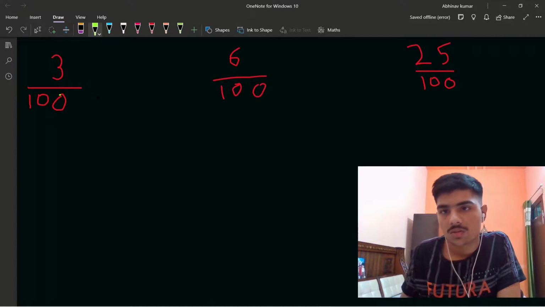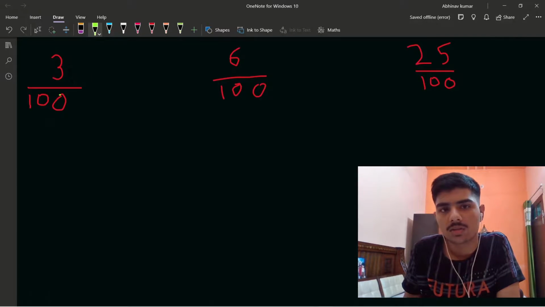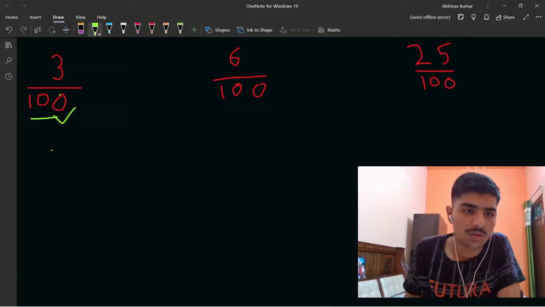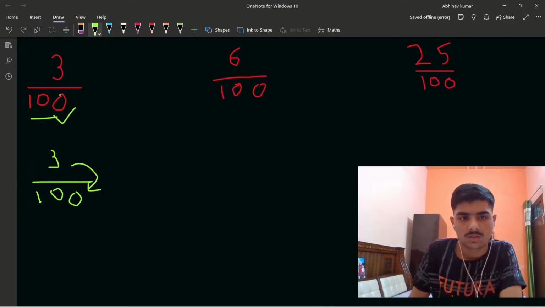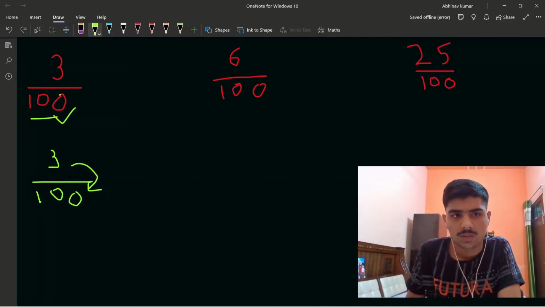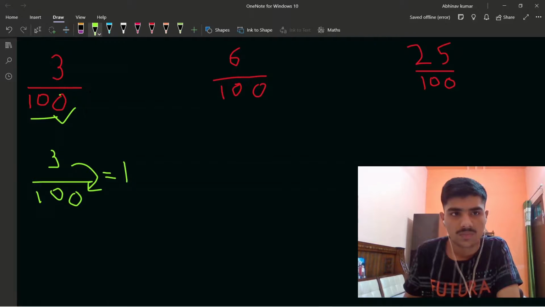So our logic is the ratio, the minimum. Basically, we need to make this fraction in its simplest form, and the denominator will be our answer. In the case of 3 upon 100, we cannot divide 3 and 100 further, so the GCD of both of them is 1.